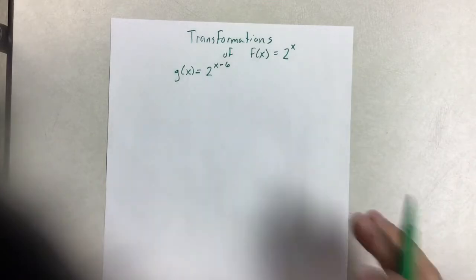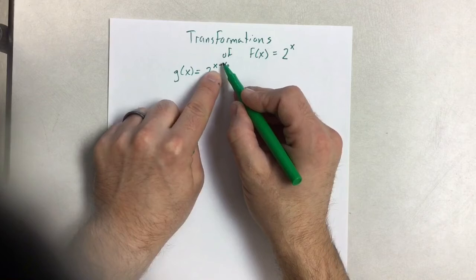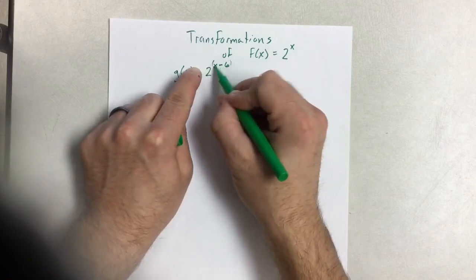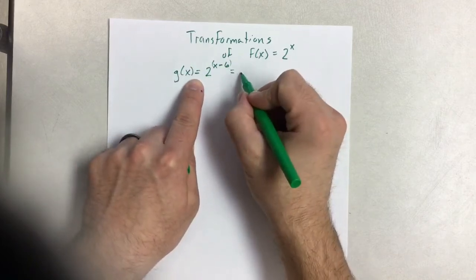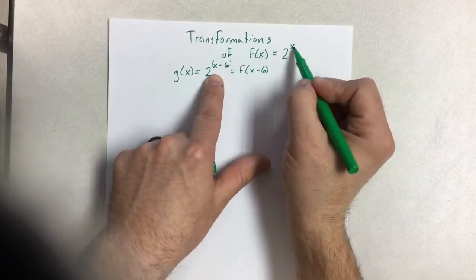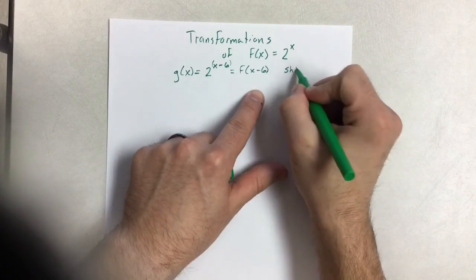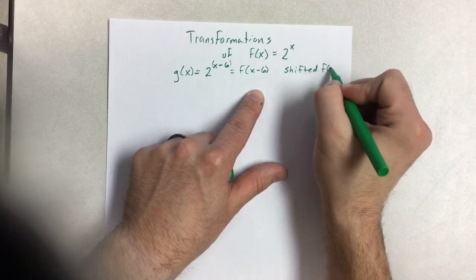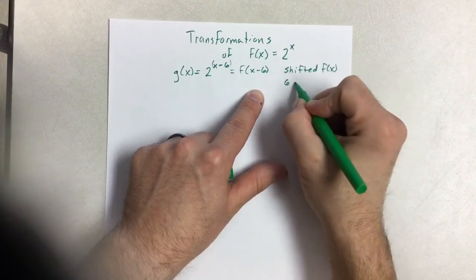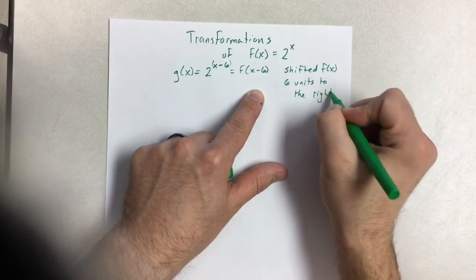These transformations are still the same from when we looked at quadratics and rational functions. We see that we have subtracted 6 from the inside of our function. So I could technically write this as f of x minus 6, because I placed x minus 6 in. So we would say that we have shifted f of x 6 units to the right.